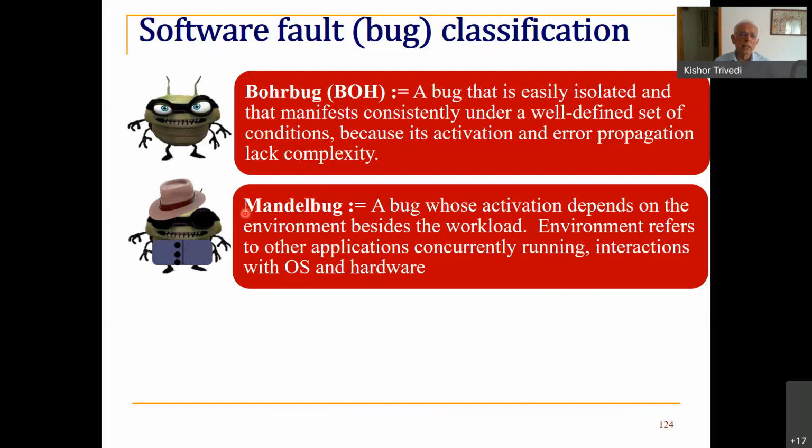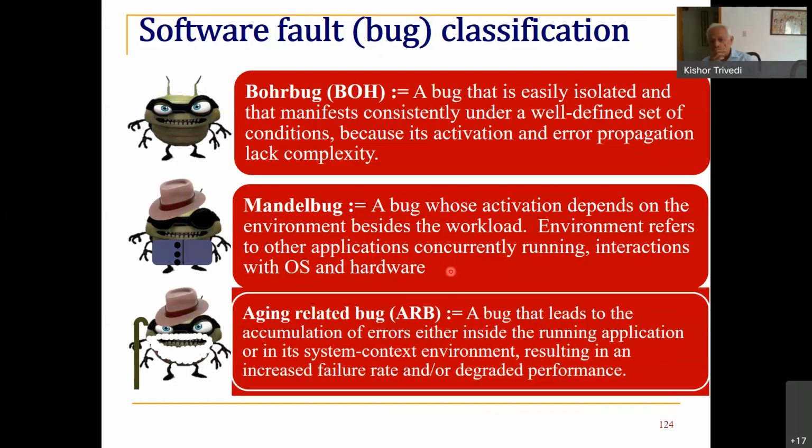By contrast, there are now bugs which may be called Mendel bugs, a bug whose activation depends on the environment besides the workload. So it is not just the explicit inputs that you supply to the program, but also the environment in which the program is executing that determines whether or not the bug will manifest itself as a failure. And by environment, we mean the other applications concurrently running in the system, as well as the interactions between your software and the operating system resources, as well as hardware.